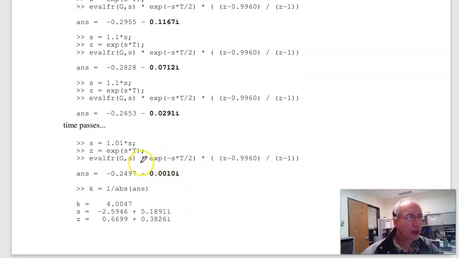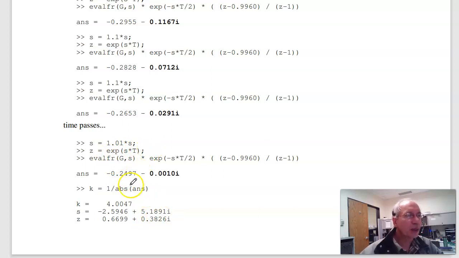Eventually, I get the complex part to be 0, which is what I want. That says this point, the point on the damping line that intersects with the root locus plot, was minus 2.5 plus j 5.18 in the s-plane, 0.66 plus j 0.3 in the z-plane. Again, z is e to the st.